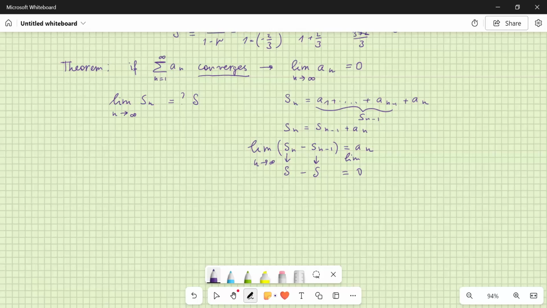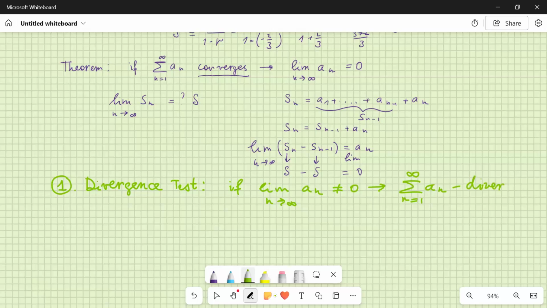So this is going to be our first test, and I'm going to label it with number 1, divergence test. The divergence test sounds like this: if the limit of a_n as n approaches infinity is not equal to 0, the series sum of a_n is divergent.